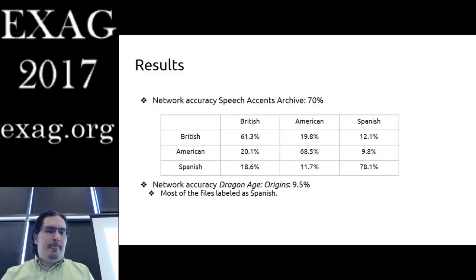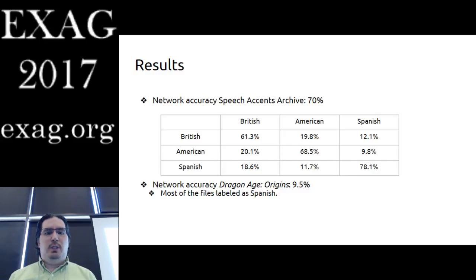The columns represent what the actual labels were, and each of the rows represents what the network classified them as. So here in the top left corner, the British is in the first column. It's all the British files, and of those, 61.3% were classified as British, 20.1% were classified as American accent, and 18.6% were classified as Spanish, and so forth with American and Spanish.